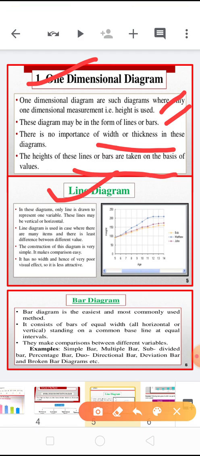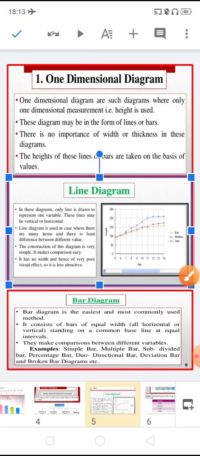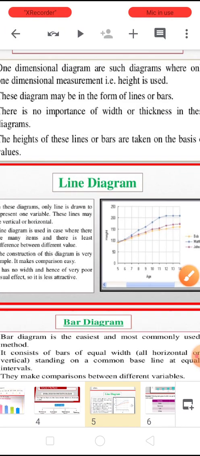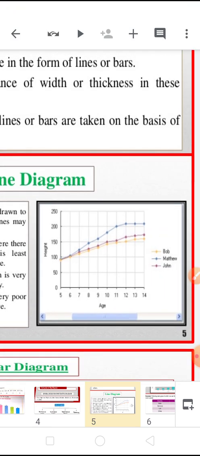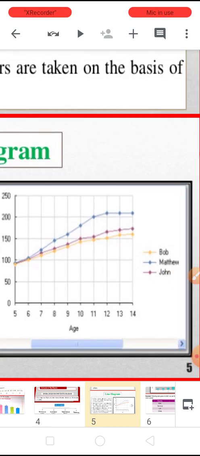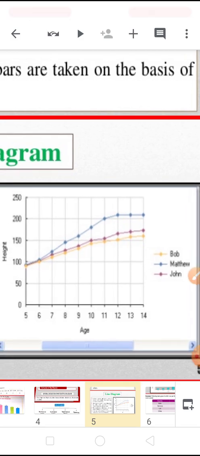So this kind of diagram is constructed in one way, like you just see here, children, the height of the students is represented on the y-axis, whereas their ages are represented on the x-axis.